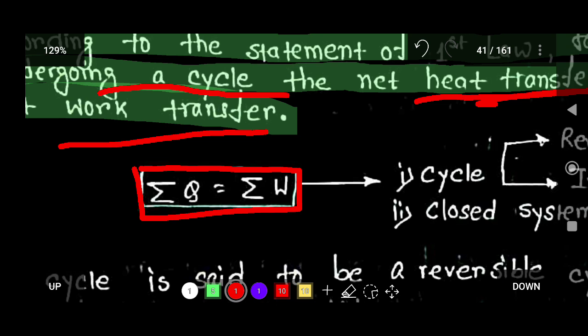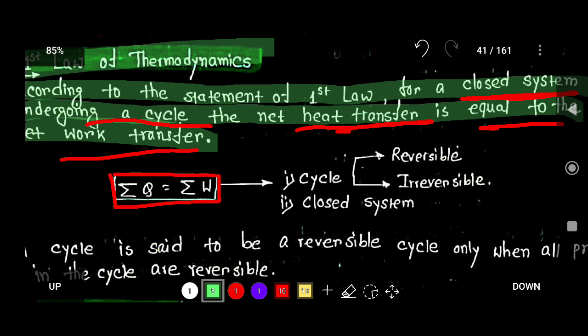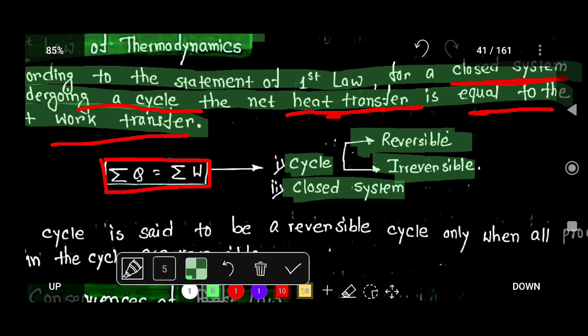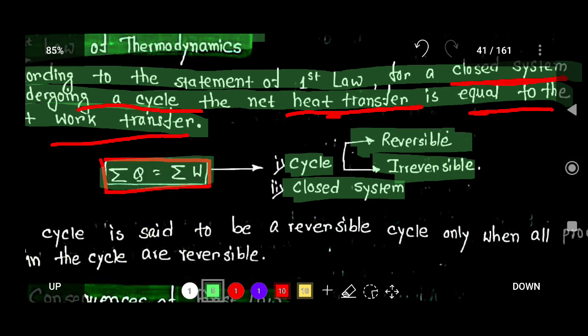This formula is applicable only when it is a closed system and it is a cycle. Here, cycle means it may be a reversible cycle or an irreversible cycle, and it is valid for a closed system.